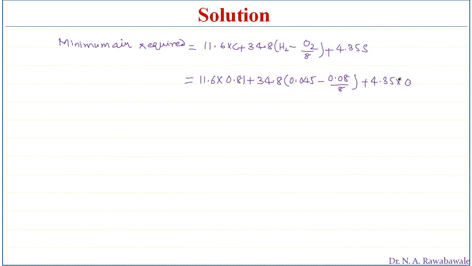Sulfur is not present in this fuel. So the minimum amount of air required works out to be 10.614 kg per kg of fuel.